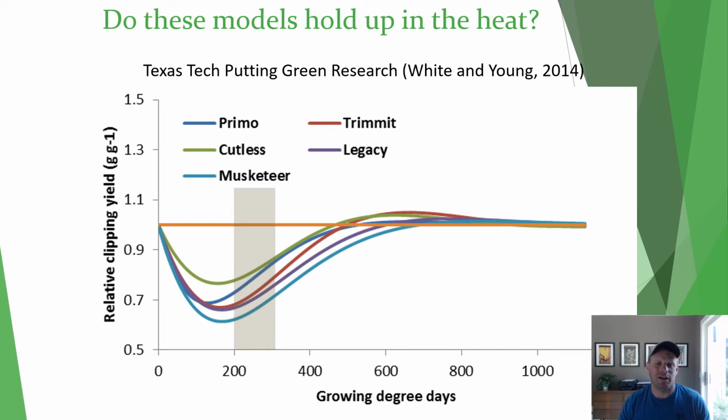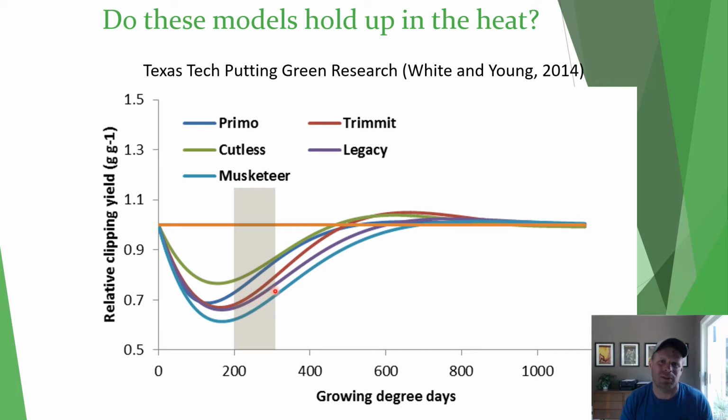In this scenario, we have some grass that was sampled at Texas Tech with Dr. Joey Young, and he was showing that under those high heat conditions, we didn't see as much of a rebound. We also see that in Nebraska, and we think it's probably because there's not a buildup of sugar metabolites and these gibberellin hormone precursors to supply this big growth surge. So in this example, our reapplication interval is generally about the same, but actually we might be able to lengthen it just a little bit.